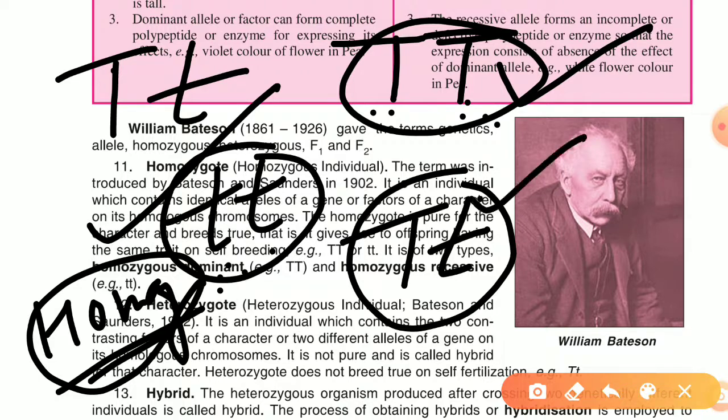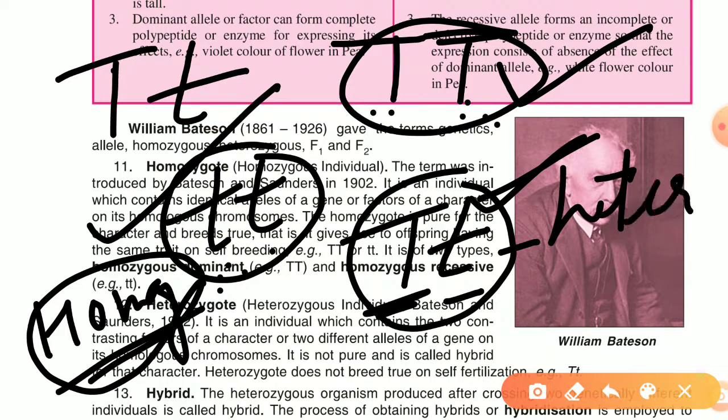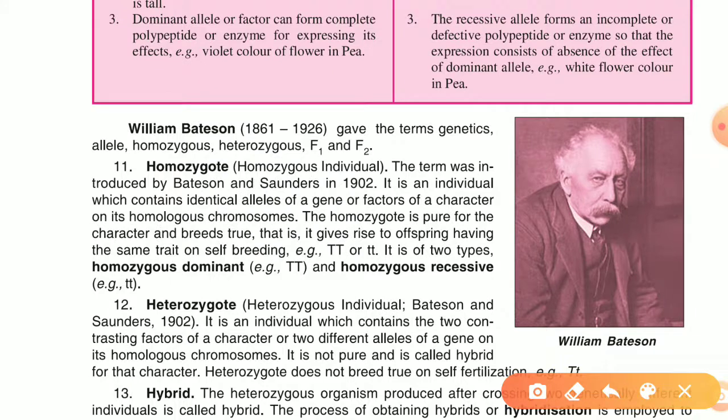And if we talk about this one, here one of the alleles is for capital T, another is small t. So this is called heterozygous. Heterozygous. Clear? So you can have a look here, homozygous. Or homozygote or homozygous individual बोलते हैं उसको. This term was introduced by Bateson and Saunders.